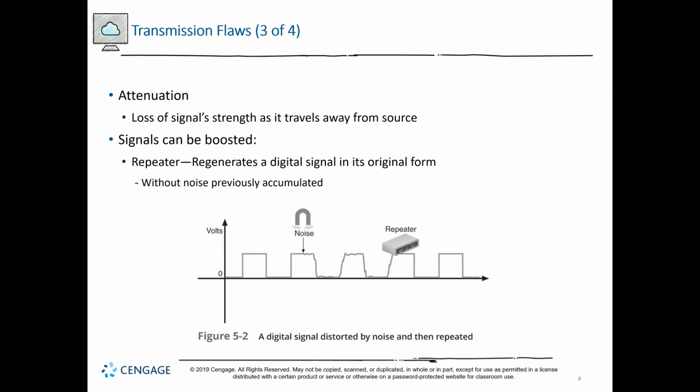Well, that's the same thing that happens to our signal. The further we push it, it starts losing strength. On this chart, we're showing strength as how high above zero it is, how many volts there are.